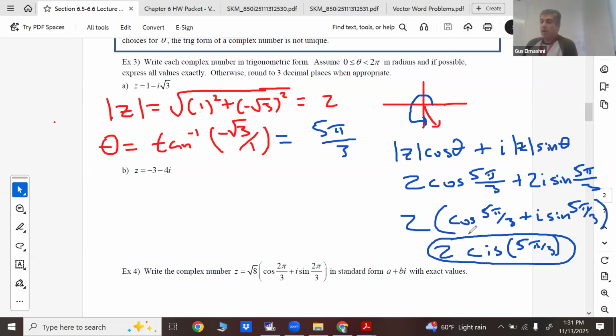So that's just yet another way of writing a complex number in trig form. And plus, if you work it out, cosine 5 pi over 3, I know is 1/2. I know sine 5 pi over 3 is negative root 3 over 2. So I know it makes sense if I evaluate it. It's yet another way of writing it.